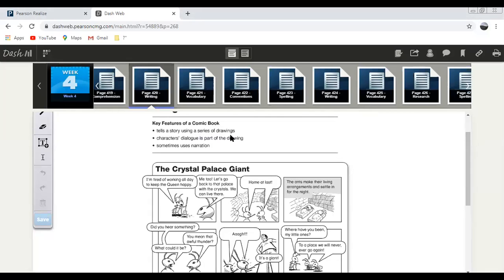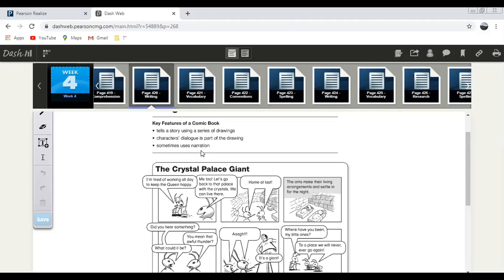In a normal story, they will list a big paragraph on a page, or more than one paragraph, and you will have only one picture with no dialogue, only to imagine what you are reading, okay? But in a comic book, you will not have a big paragraph. No, you will have a group of pictures or drawings, and each character's dialogue is part of the drawing.